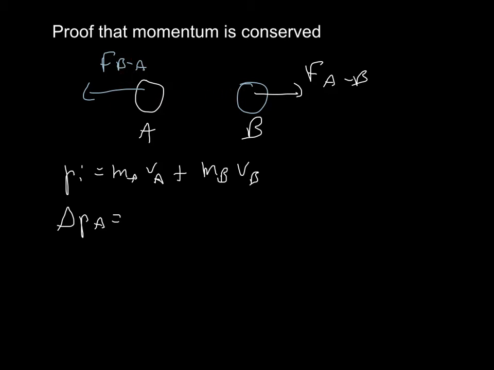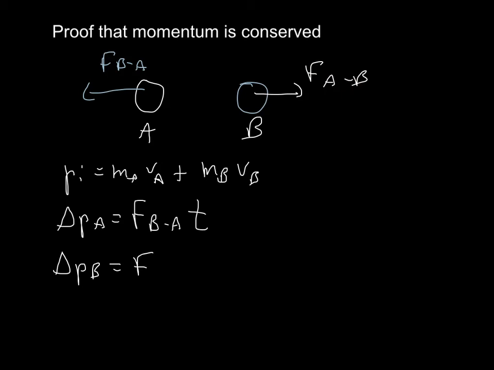Because remember that the impulse, which is force times time, is equal to the increment in momentum. So I'm going to write that, and I'll say that's equal to force that B does to A times T. I don't know T, but I don't care. And similarly, the increase in the momentum of ball B will be the force that A does to B times this same time.